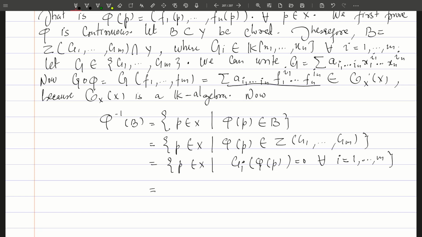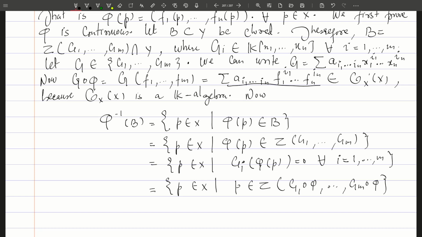So this is the same as the set of all points in X such that P lies inside the zero set of the polynomials Gi composite phi, I mean G1 composite phi up to Gn composite phi.